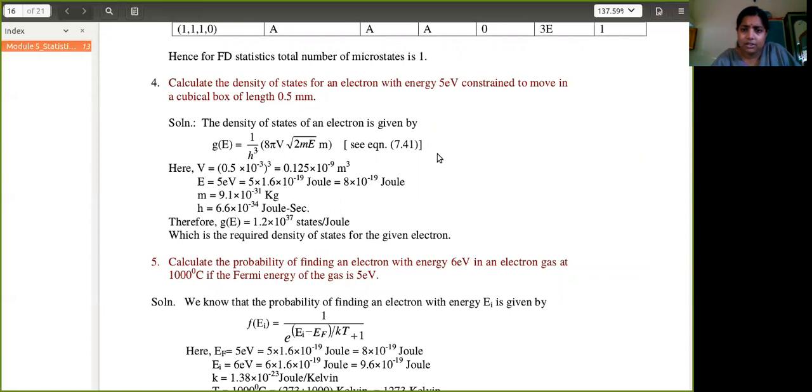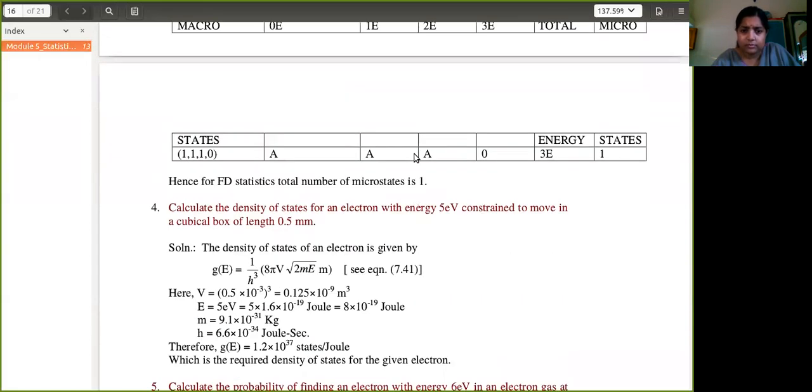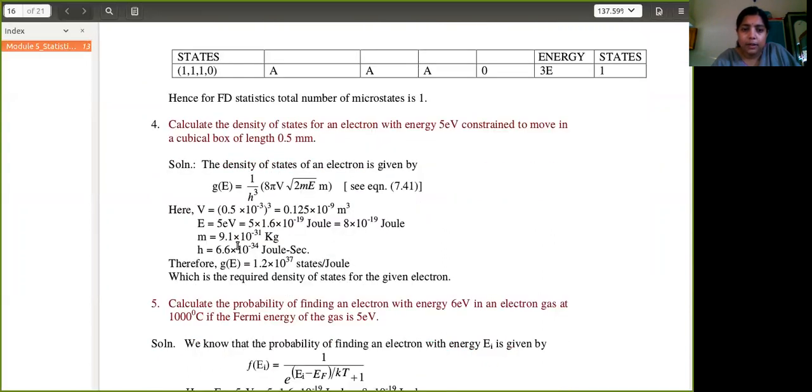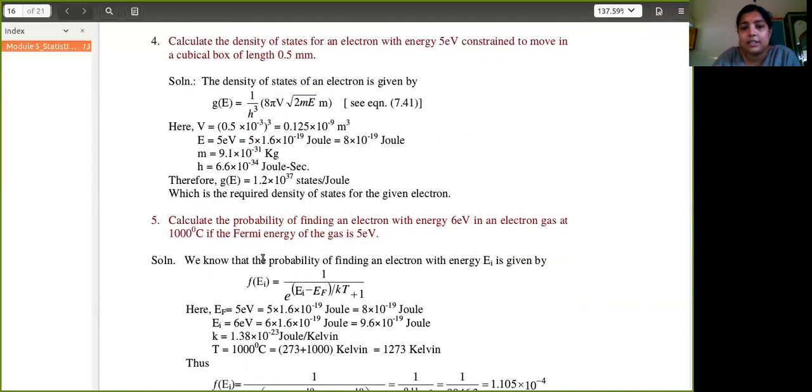V is given, equation 7.41, 8 pi V. Now, from the cubical box of length 0.5 mm, you can find out the value of V. The energy is given as 5 electron volt, convert it to joules and put all of them in the formula here, and you will get G(E). So that is the required density of states.